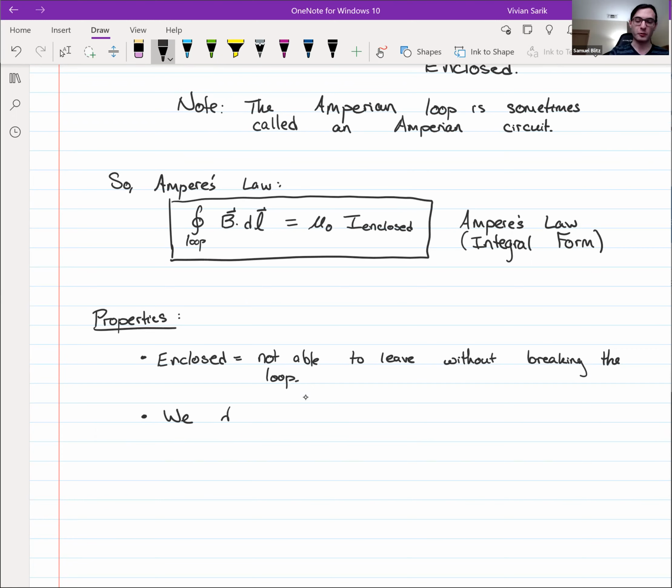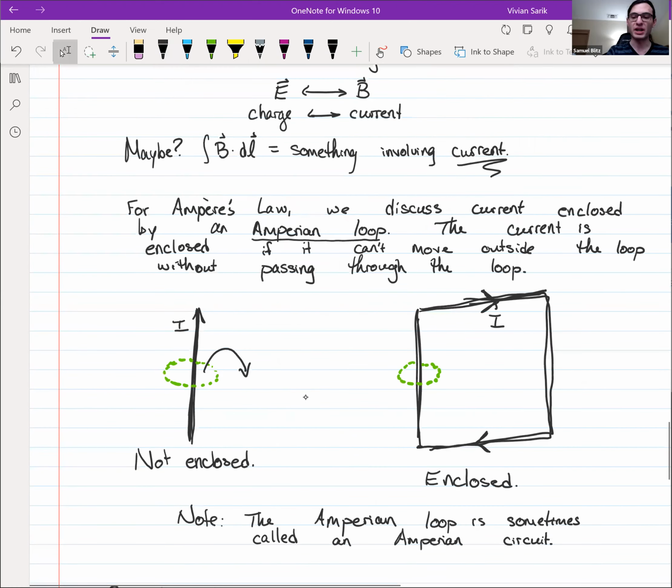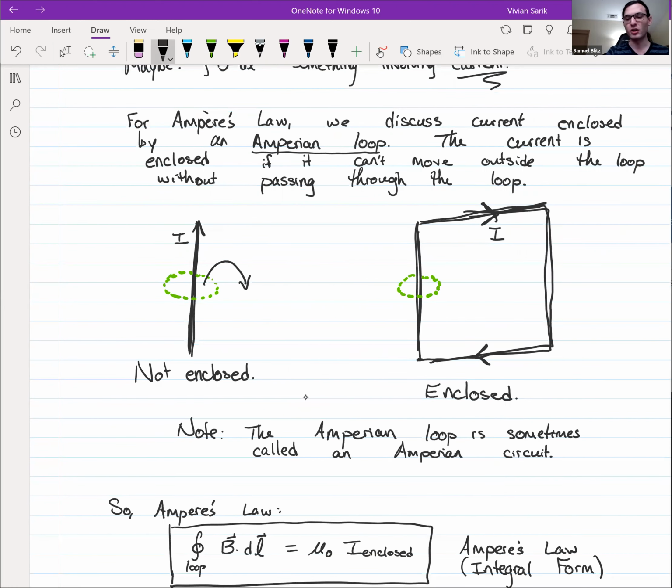So we define a positive direction of circulation in the loop. Like that's just something that we pick. So for example, in this loop, we might pick that viewed from above, we might just choose counterclockwise to be the positive direction. And that has consequences on how we calculate, but we need to make a choice.